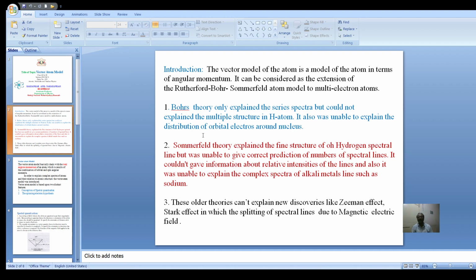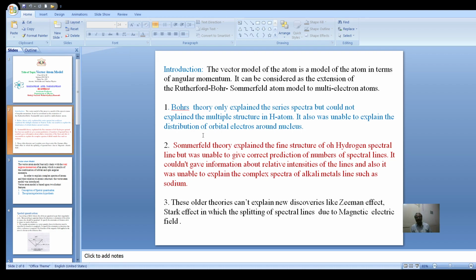But he was unable to give correct prediction of number of spectral lines, and it could not give the relative intensities of the lines, and it was also unable to explain the complex spectra of alkali metal lines such as sodium. And also Bohr was unable to explain the distribution of orbital electrons around the nucleus.